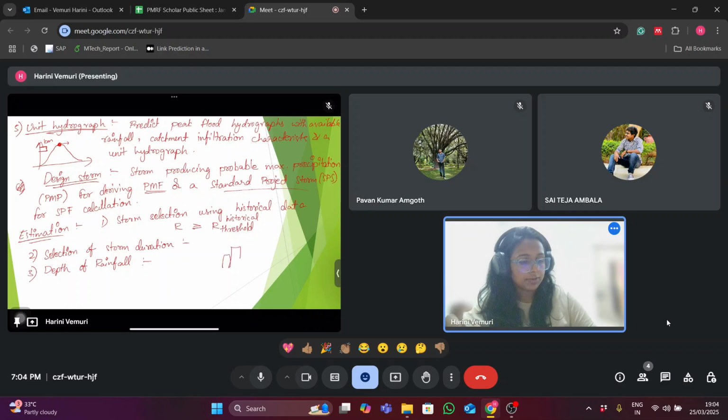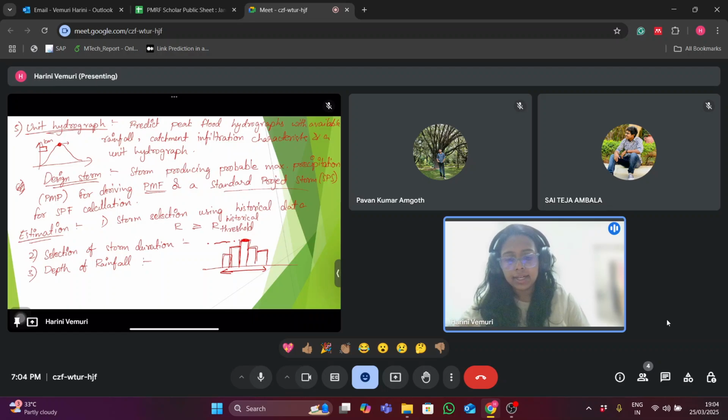So we have from the historical data, after putting the threshold, a storm event like this. Okay. And this gives us the storm duration value, and the height of it will be the intensity of the rainfall, right?